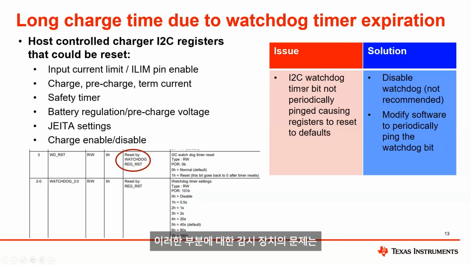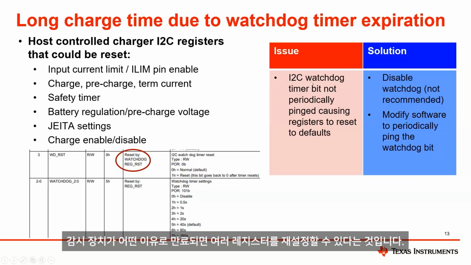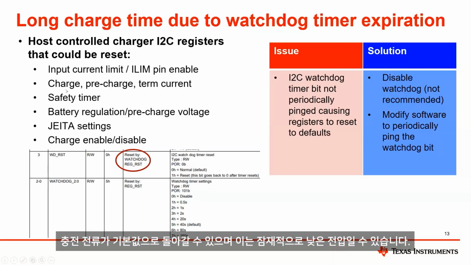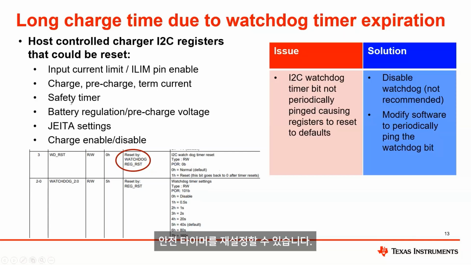The issue with the watchdog on these parts is if the watchdog expires for some reason, then several of the registers can be reset. So your input current limit could be reset to a lower value. Your charge current could go back to a default, which could potentially be lower. The safety timer could reset.